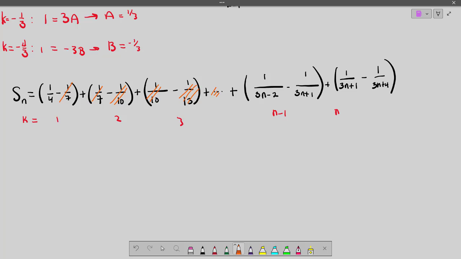If we look here, we can establish the pattern pretty easily: first with second of prior, first with second of prior. So that tells us that S sub n is equal to 1/4, everything else is canceling, minus 1 over 3n plus 4. So that is S sub n.